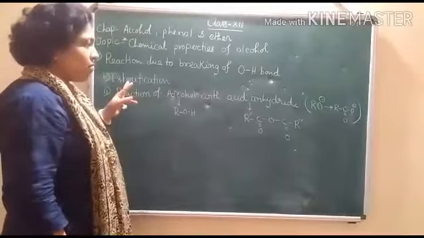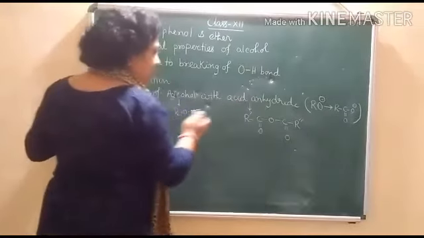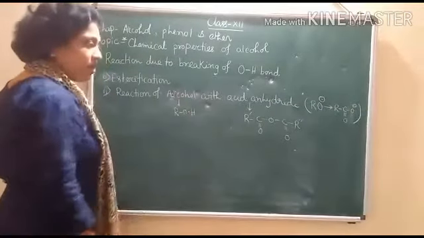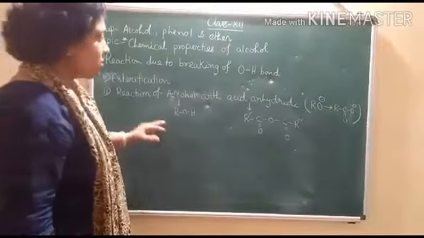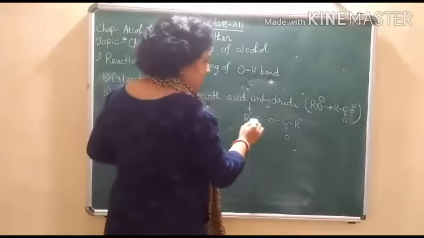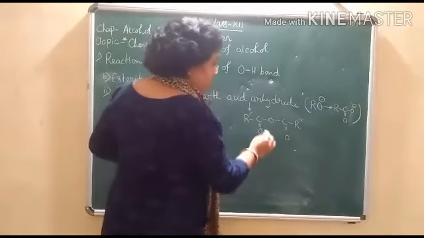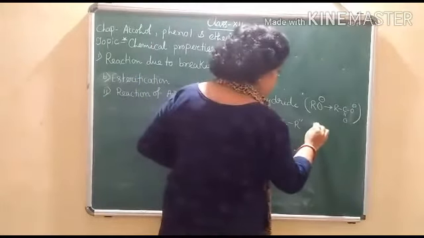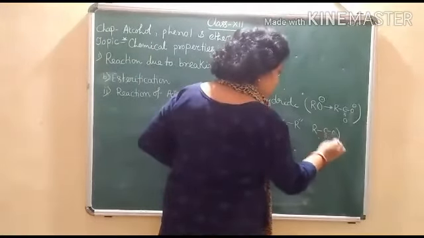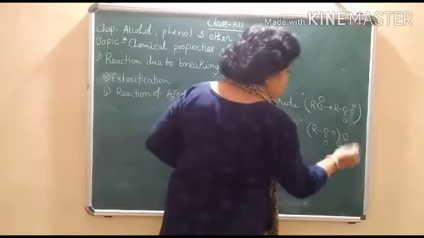Next one, same esterification reaction. Now ester will form when alcohol reacts with acid anhydride. I have written the reaction of alcohol with acid anhydride. Then also there is a formation of ester. Acid anhydride means RCOOCOR, or you can write RC double bond O twice along with oxygen.